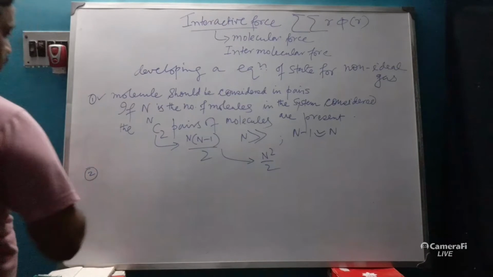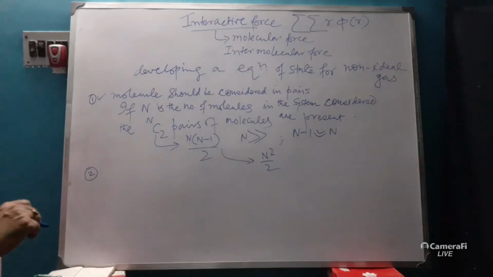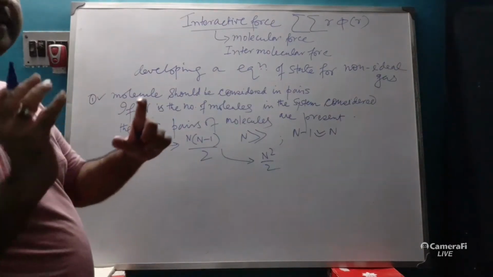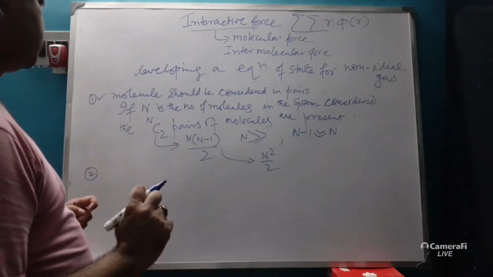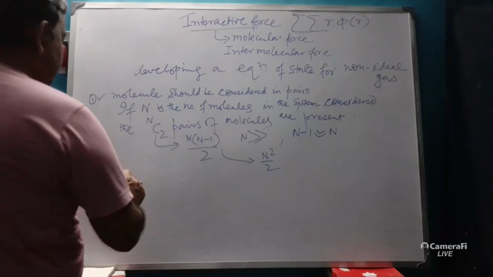The second consideration is this. We have to find the molecules in the range R and R plus dr for the first molecule under consideration.